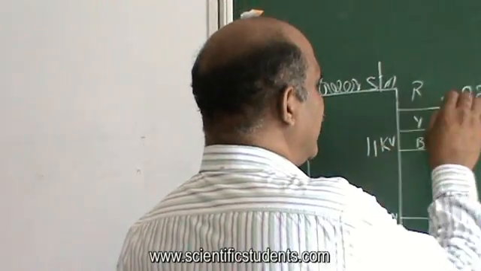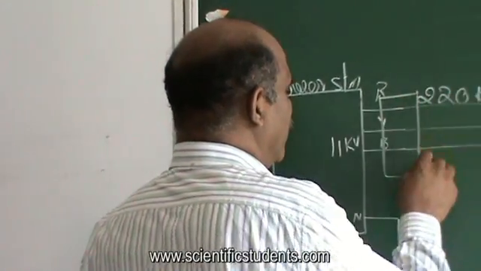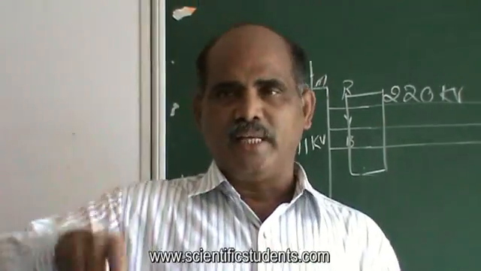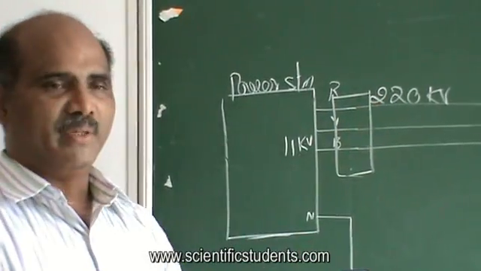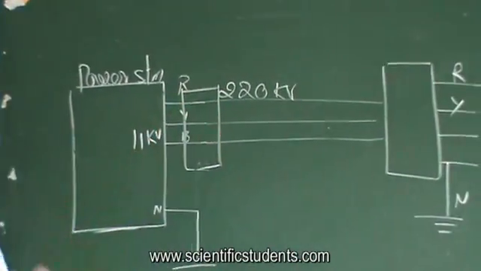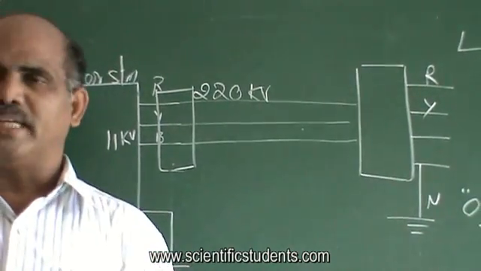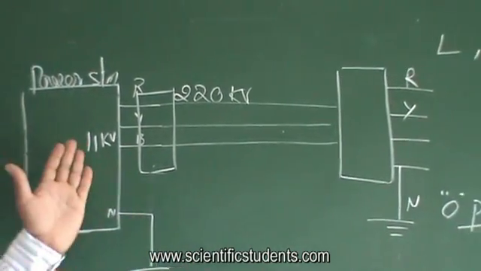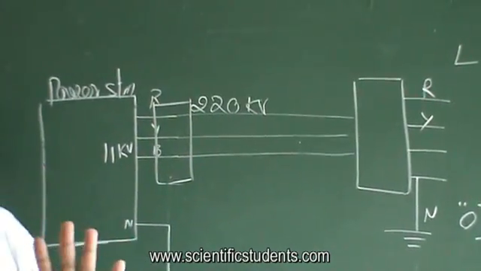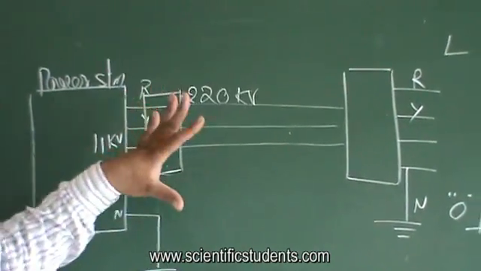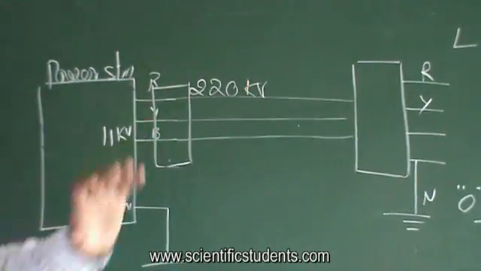That 11 kilovolt is stepped up by a step up transformer in the power generating station itself to 220 kilovolts, because they have to get connected to the national grid. Why they step up the voltage from 11 to 220, I will tell you later. But right now, just imagine that the national grid is connected at 220 kilovolts.